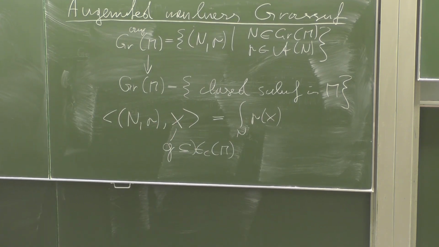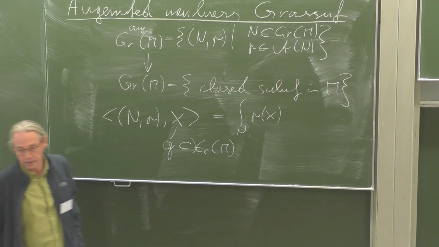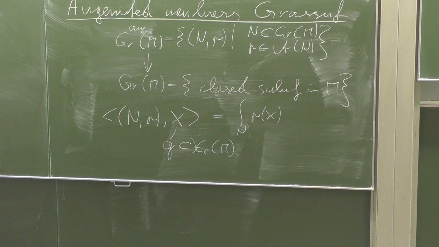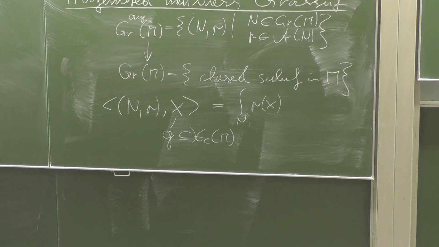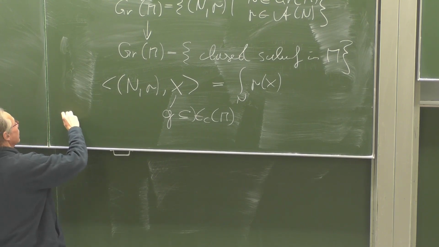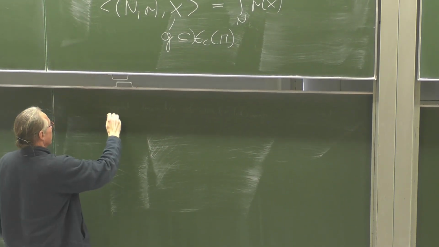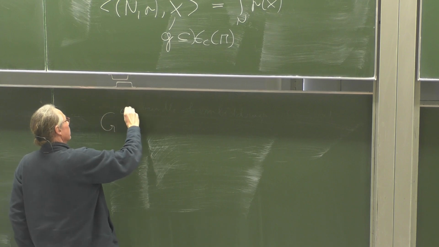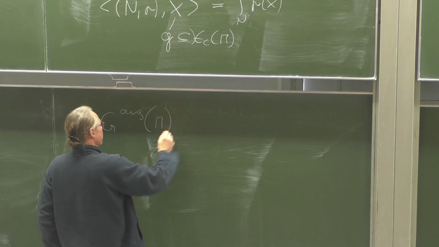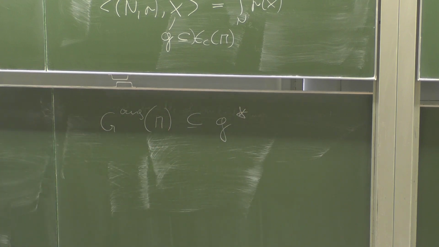And depending on the Lie algebra, we will be led to different kinds of data along N in order to be able to write down a natural contraction like that. The upshot is that we get an embedding of this augmented nonlinear Grassmannian in the dual of the Lie algebra g.